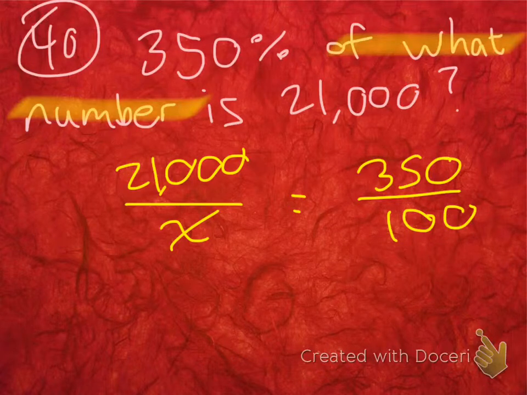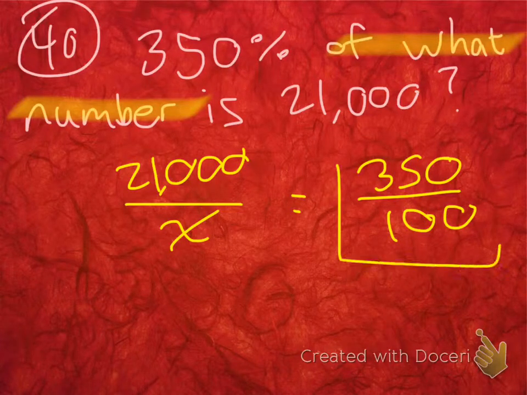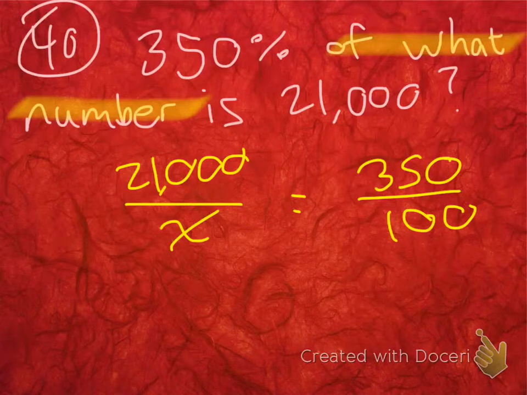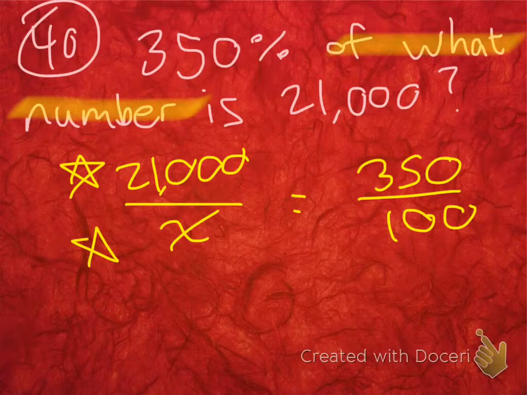And we are solving. So let's use a little logic here. We want to solve for x. Since the numerator in this ratio is bigger than the denominator, the numerator here should also be bigger than the denominator.